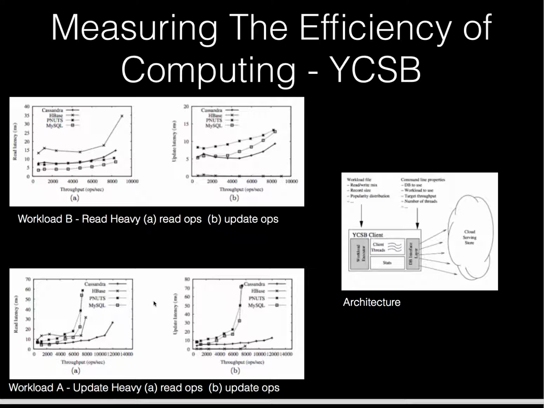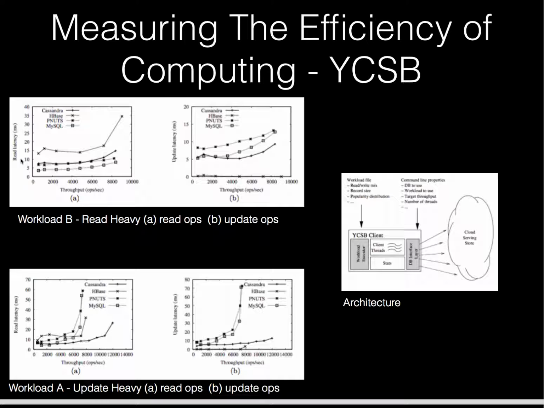Now, what we can see here, just as an example, is that they measure the read latency. So, for example, you do select star from some MySQL, how long it took the specific instance to respond. As you can see, when you increase the throughput, the number of SQL requests penetrating the instances, the read latency went up, and it makes sense.